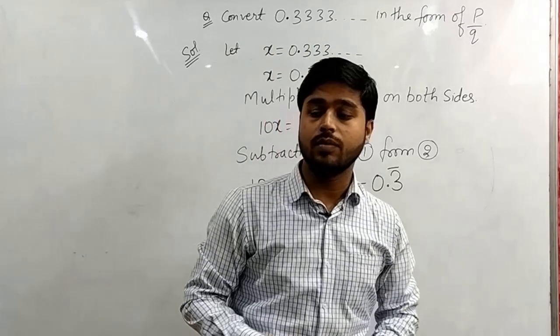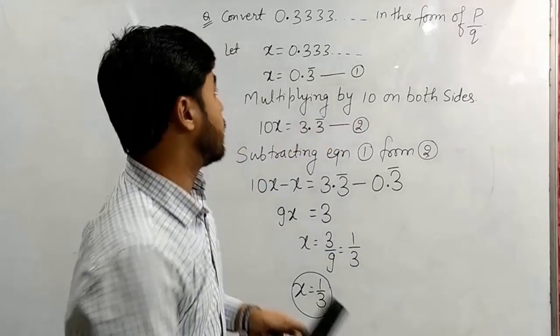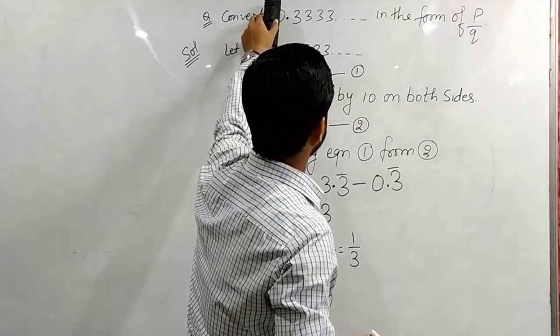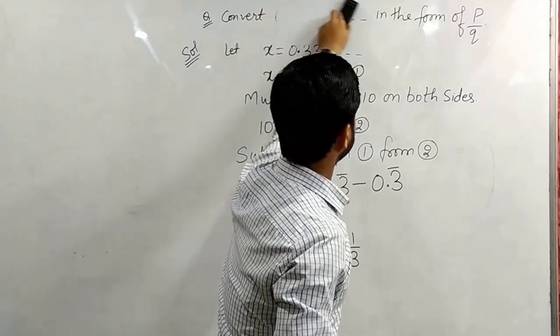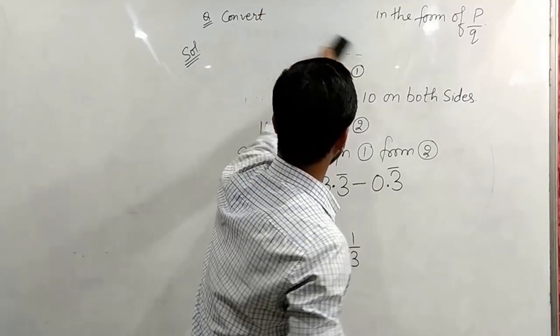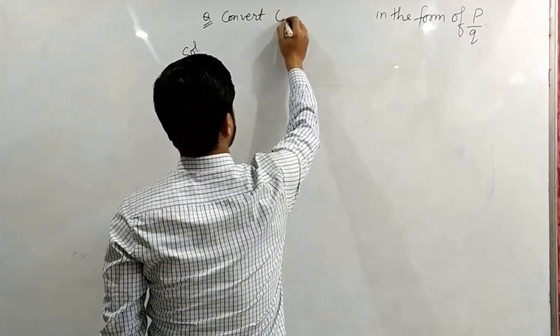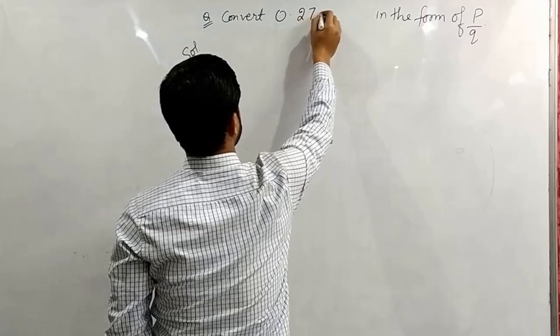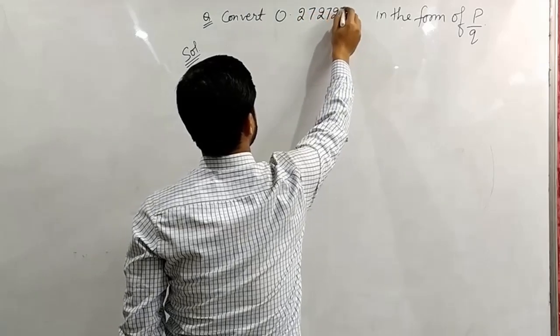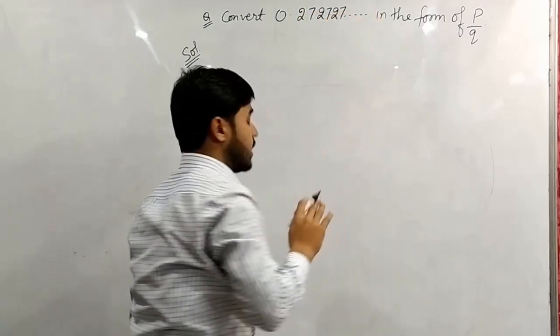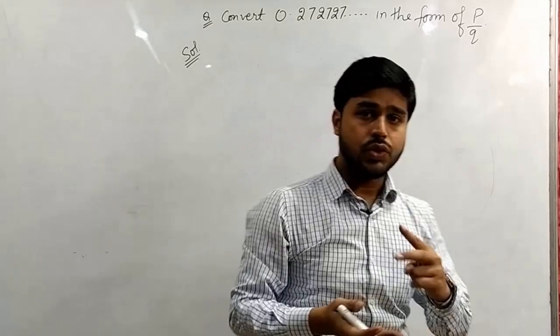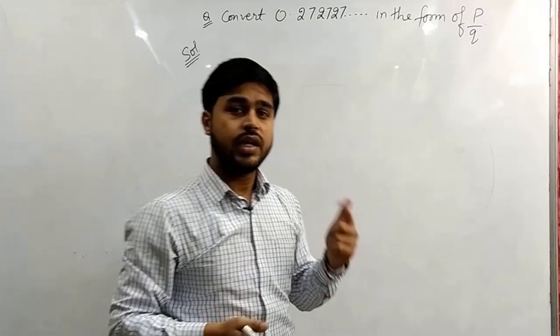Now let us take one more example of converting a non-terminating recurring decimal into the form of p by q. Let us take 0.272727. Now in this question we have stepped up to 2 digits. Earlier there was 1 digit repeating.